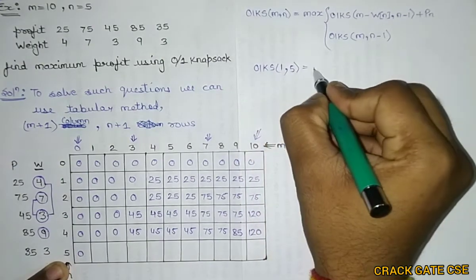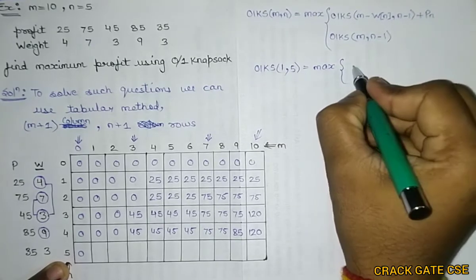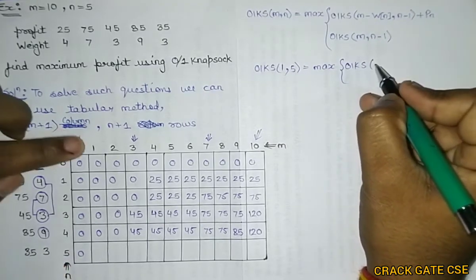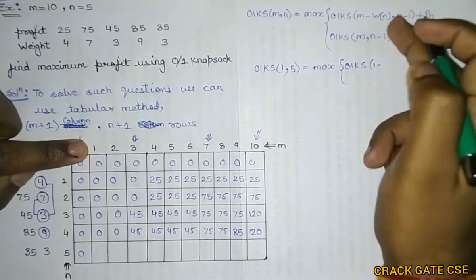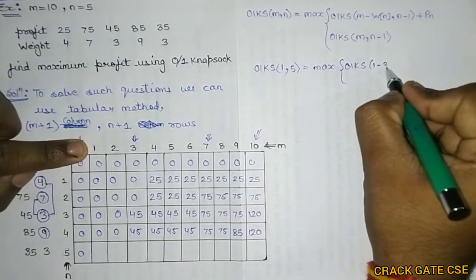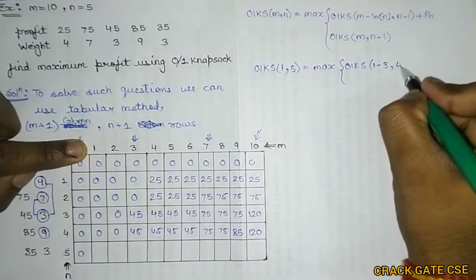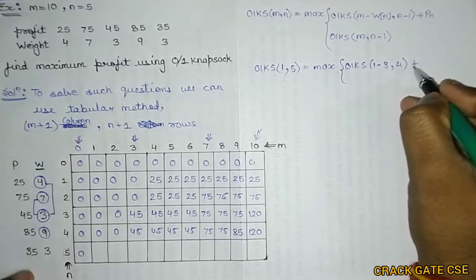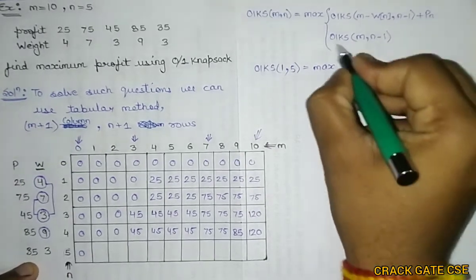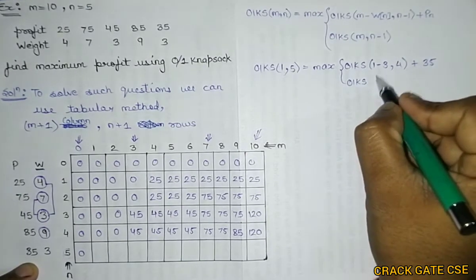So I will be taking the maximum of this particular function, which will be nothing but 0 by 1 knapsack of m, which is 1, minus weight of n. What is the weight of this 5? 3, comma n minus 1, that means 5 minus 1, 4, plus what will be the profit? 35, right? Similarly for the second one, 0 by 1 knapsack m comma n minus 1.